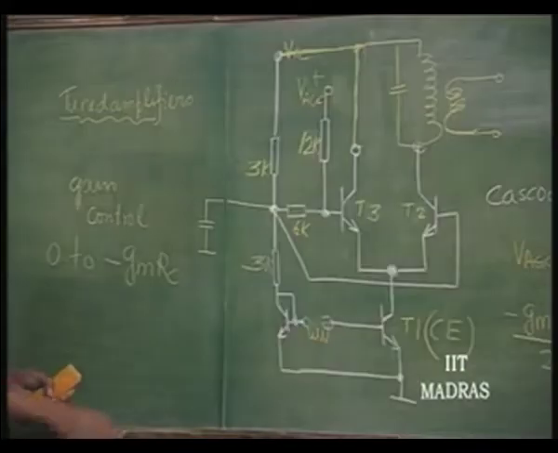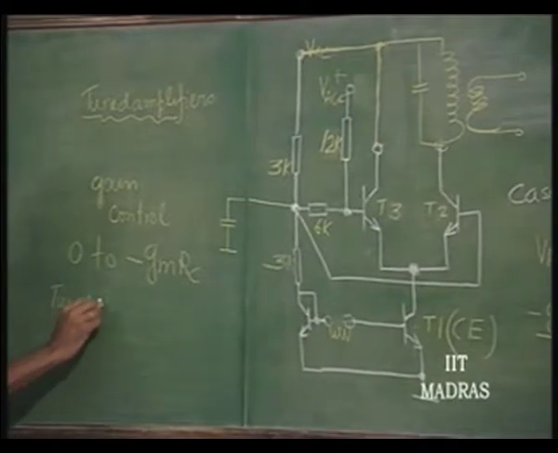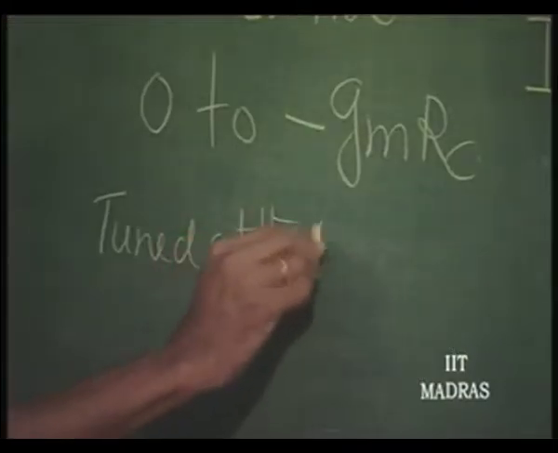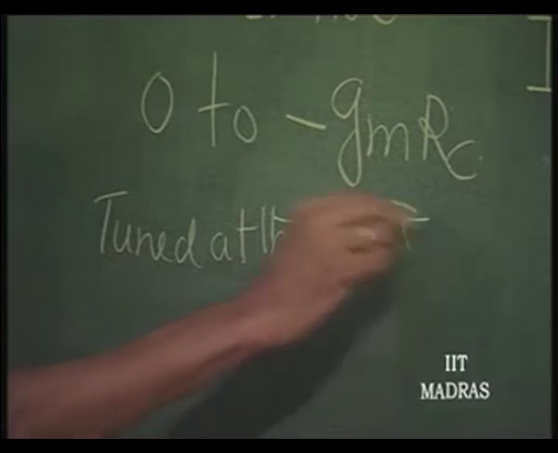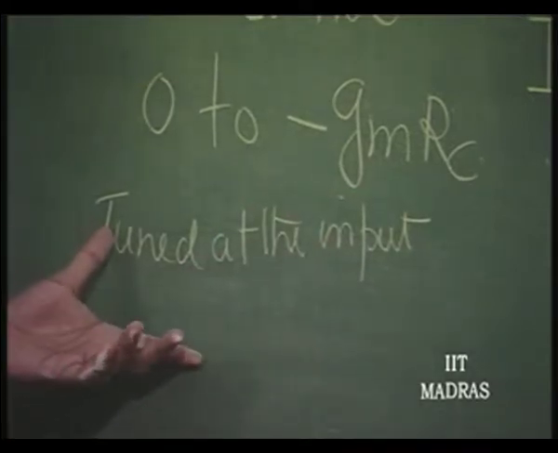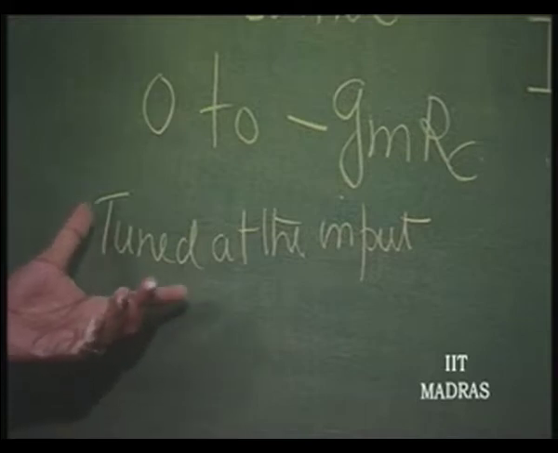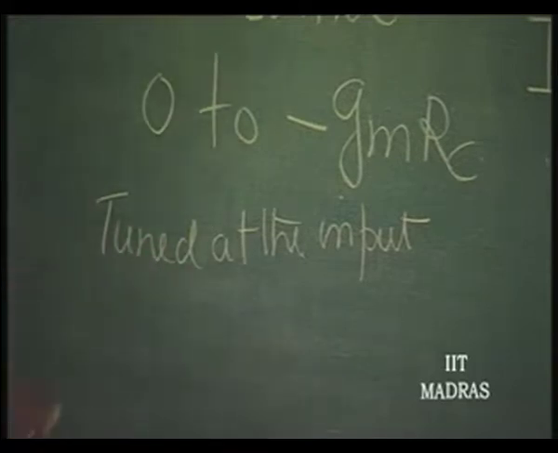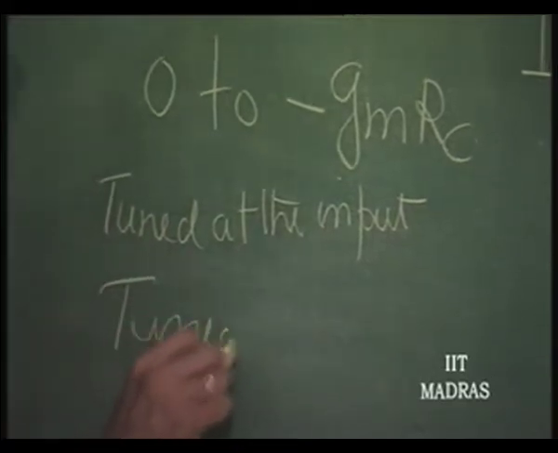So, these are called tuned amplifiers, tuned at the input. What do you mean by tuned? That means resonant at a certain frequency called IF or RF, whatever be the frequency at which you want to design the amplifier. That is called tuning, tuned at the input and tuned at the output.